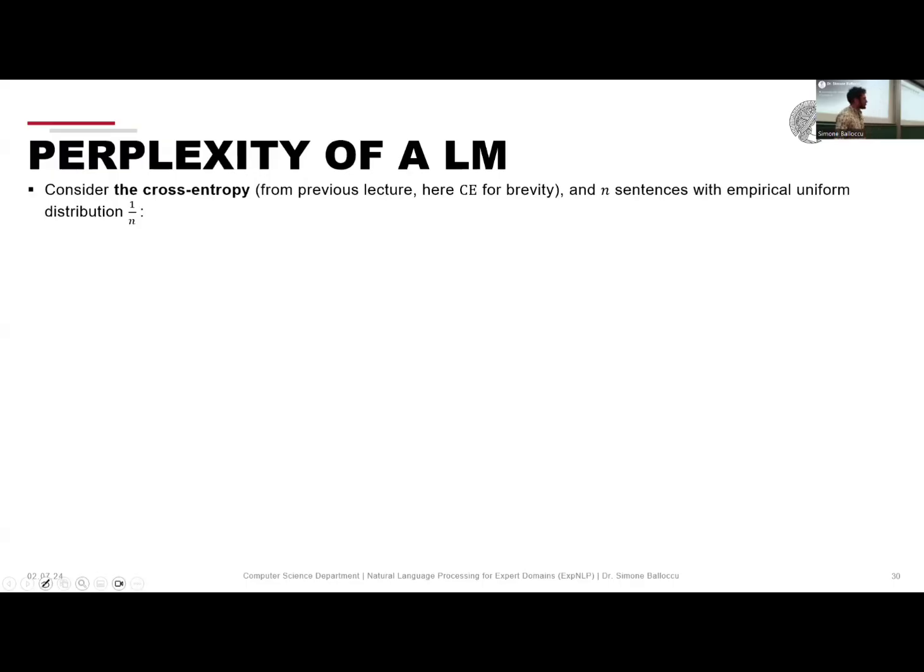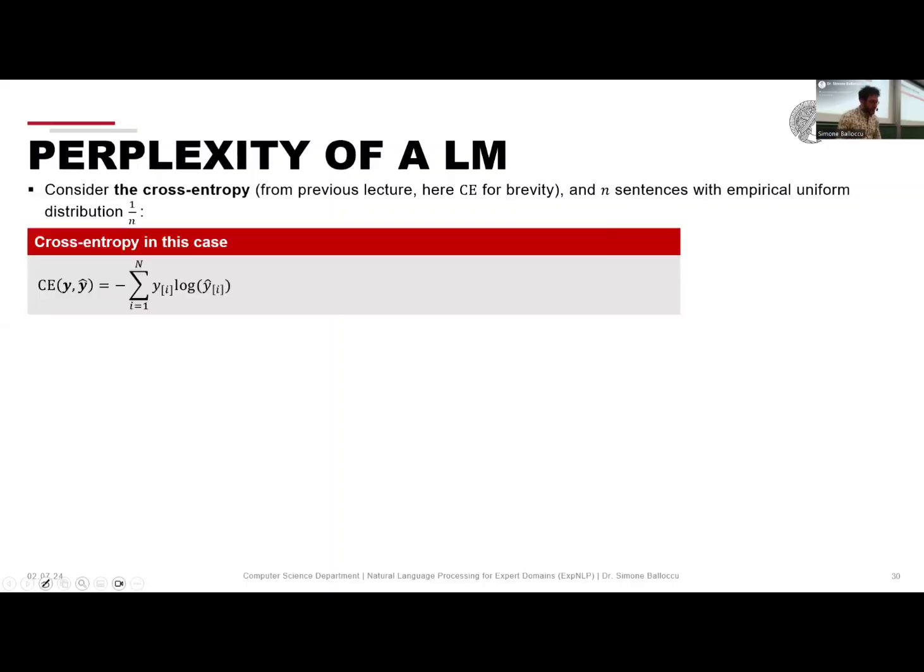So consider the cross entropy. Okay, we saw it before. And let's say a corpus which has n sentences which all appear 1 divided by n times. Okay, so a very simple case. Then this is the formula of the log. You remember we have this label and the prediction of our model. In our case, the label is 1 divided by n, and the prediction is the probability of our model.